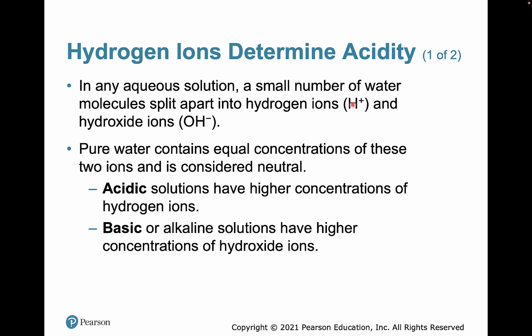Here's your 2 H's, and there's your O, okay? So pure water has a pH of 7. It's considered neutral. If you have a substance that breaks down and produces more hydrogen ions than hydroxide, we call it acidic. If it produces more hydroxide ions when it breaks down than hydrogen, we call that basic.